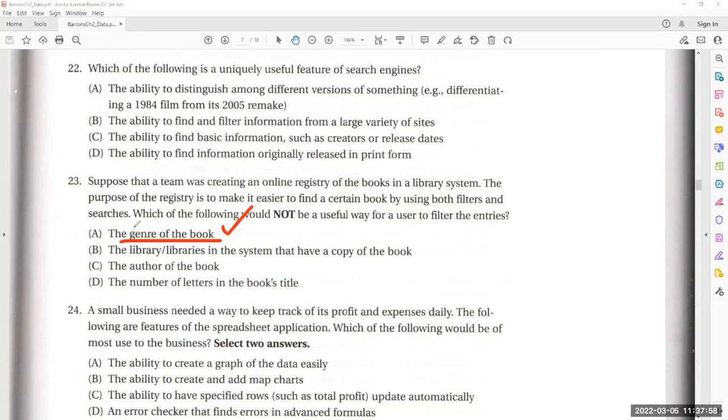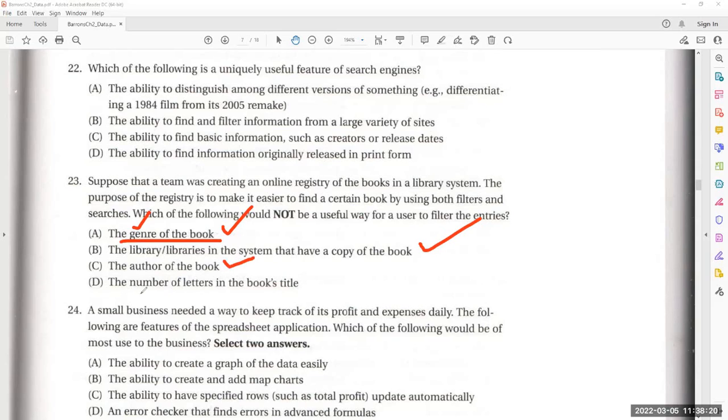The genre will help you figure out whether it's a book you want. Second, whether the library and all libraries in the system have a copy of the book. If there's no copy, you don't need it. So yes, you need that information. The author of the book, yes, you need to know whether it's the right book or not.